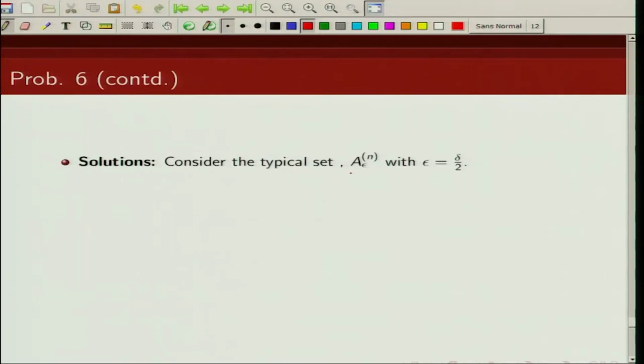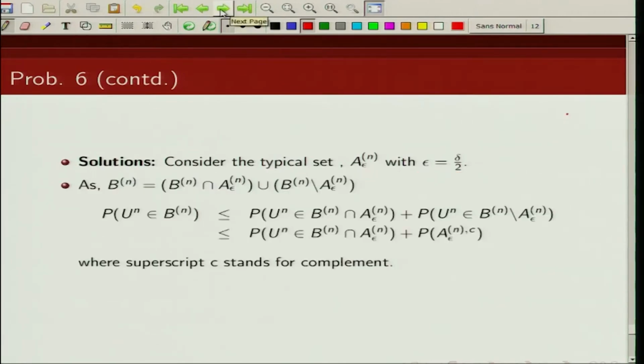So we consider a typical set with epsilon chosen as delta by 2. Now let's say you have two sets A and B. Now if I ask you to write B, so what is B? B is this set.